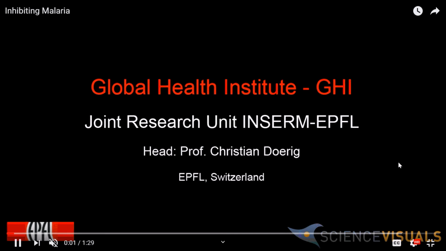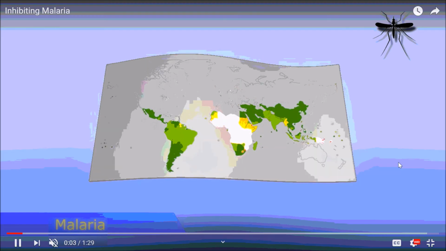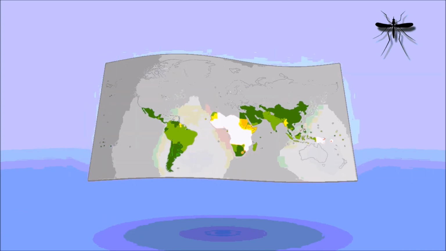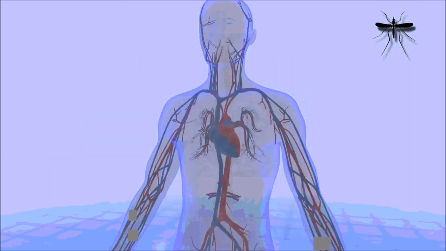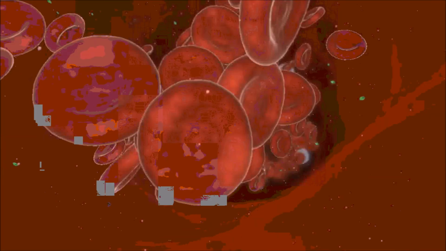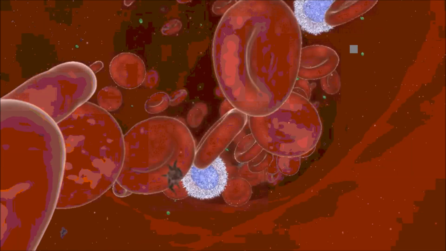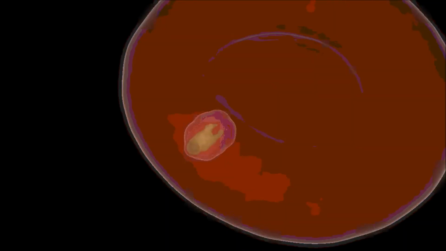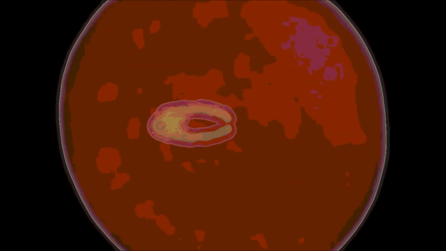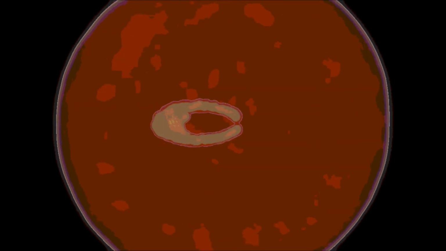So, for those of you guys who don't know, malaria is a parasite that infects a lot of people. It is delivered via mosquitoes into the bloodstream, and it infects your red blood cells. As the parasite, or plasmodium, which is a type of protist, goes into the red blood cell, it sort of injects itself inside, and it begins to develop into its next life stage, which helps to propagate it, to breed more and more.